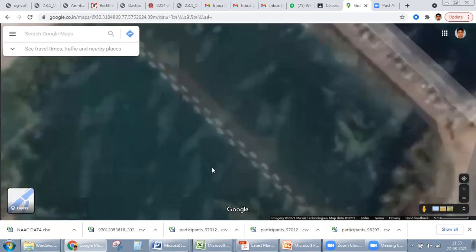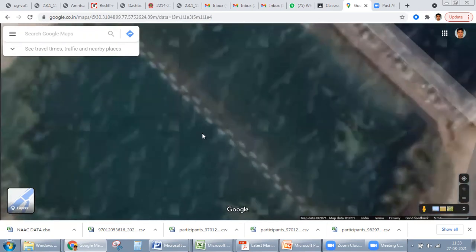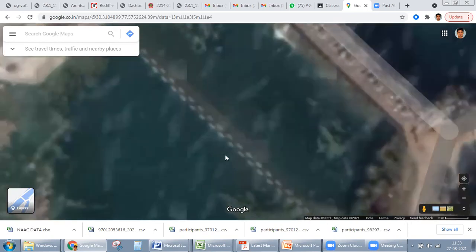I hope these blocks are visible to you. They are rectangular concrete blocks. They are provided in 2 rows and both the rows are staggered. If one block is here, the next is here, and in the other row, the position of the block is in between these two. So this is the staggered way of providing these blocks.